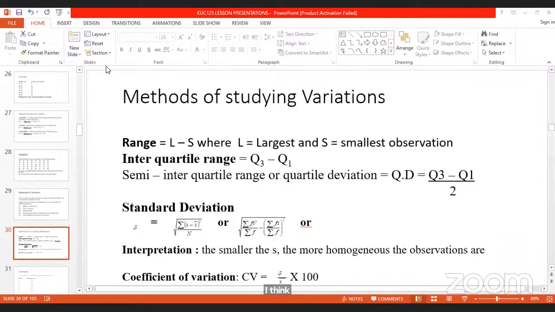Coefficient of variation is just the standard deviation divided by the mean times 100, which gives us the percentage proportion of the variation that can be explained as a result of the differences in the observations.